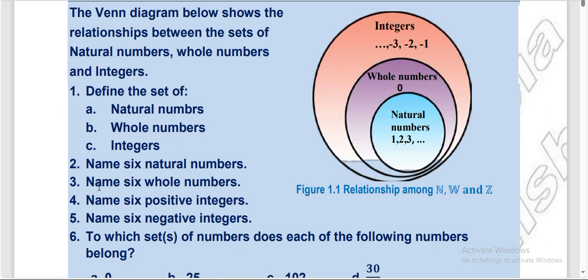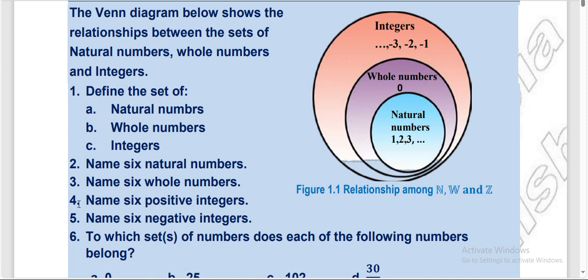The third one is to give examples of whole numbers. Whole numbers start from 0 in addition to the natural numbers. You can give 0 to 5, or 0, 1, 2, 3, 4, 5, or 101, 102, 103, 104, 105, and 106.